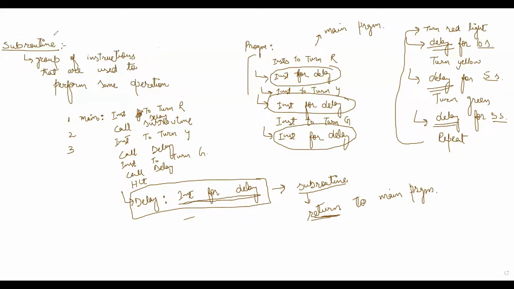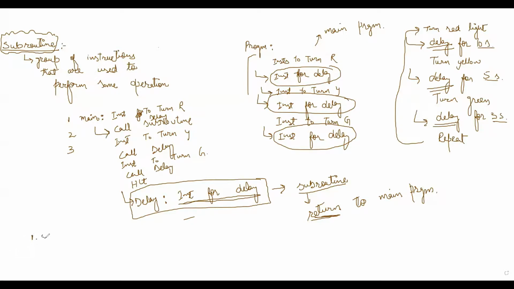So you can see that a subroutine is a group of instructions that are written separately from the main program, and these instructions are used to perform some specific operation. Whenever I have written a subroutine, it will be used only when we call it from the main program. So I will write some important steps here.